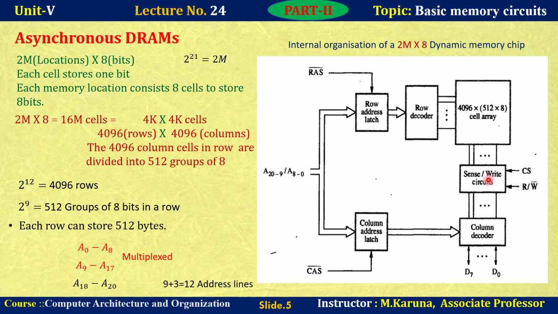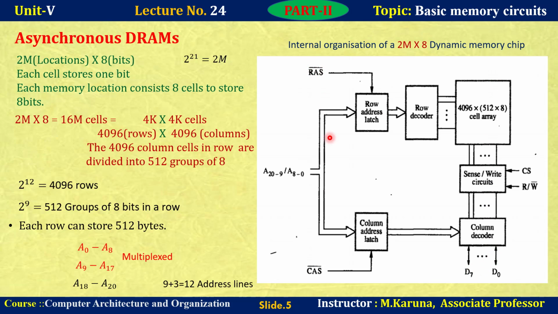If it is a read operation, the output values of the selected circuits are transferred to the data lines D0 to D7. For a write operation, information on the D0 to D7 lines is transferred to the selected circuits.